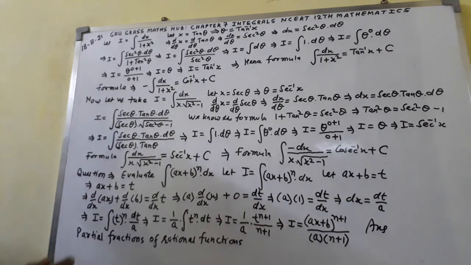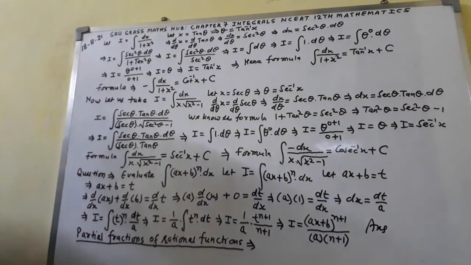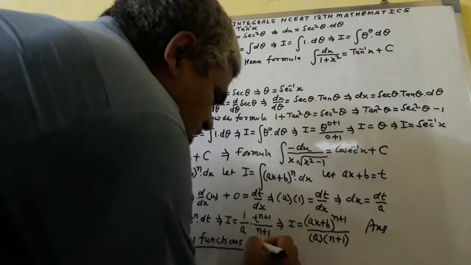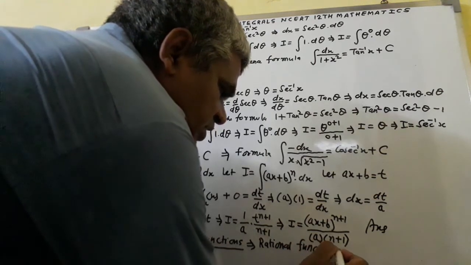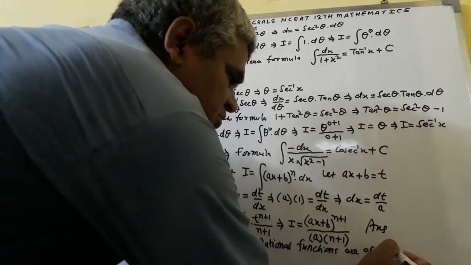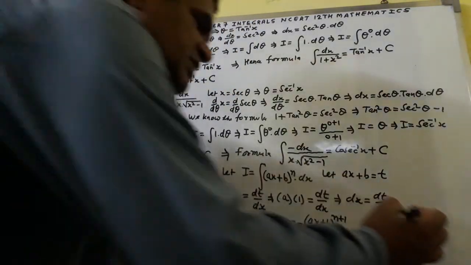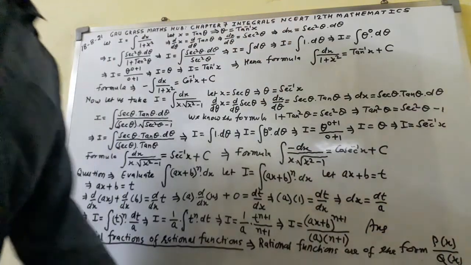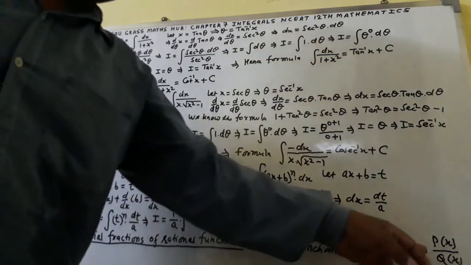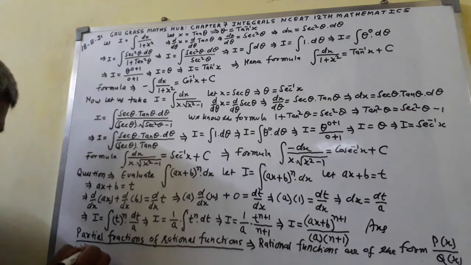Rational functions are of the form px over qx, where qx is not equal to 0.